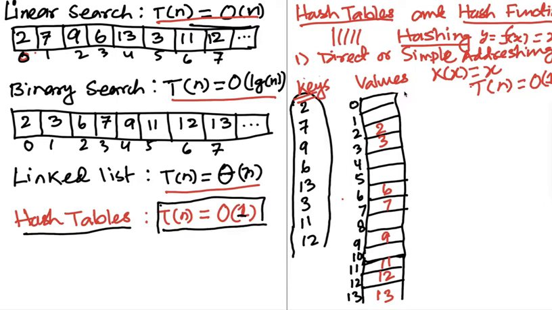But think about it, there are some limitations here. What are the limitations, do you think? One limitation is that if you have another, large value, for instance 100, then what do we need to do in order to use this direct or simple addressing?